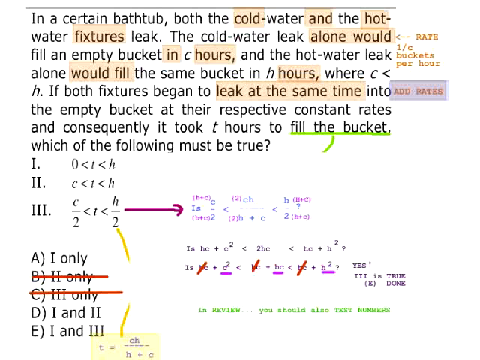Because must be true means you have to test enough values to convince yourself that I is always going to be true. Well, if 3 is true, then we're done because it's the only choice left that has 3 in it.